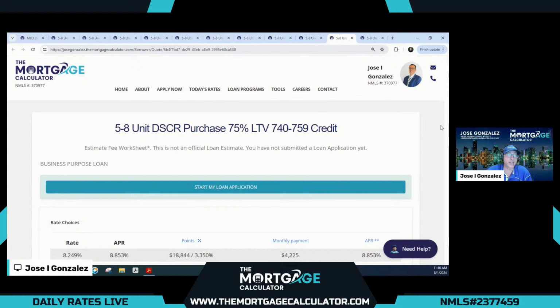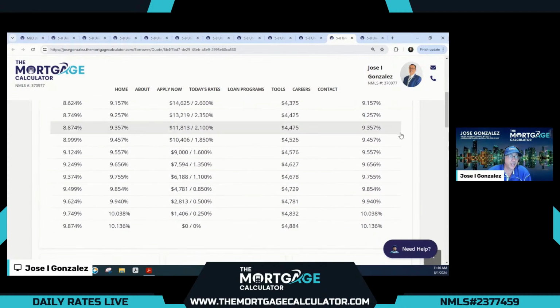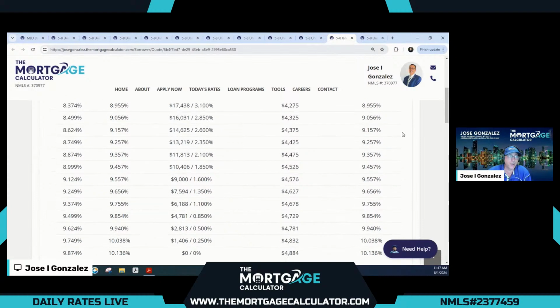And here now our next credit tier down, and 75% LTV also, by the way, is the maximum LTV. So 25% down is the minimum down payment for this particular option. 740 to 759 credit. Interest rate does increase a little bit. 9.874 lowest cost option at par.